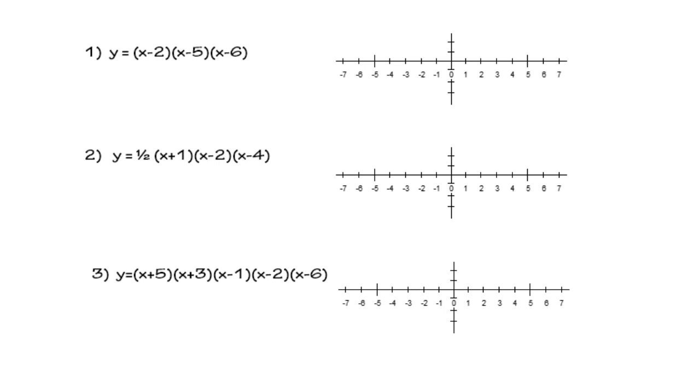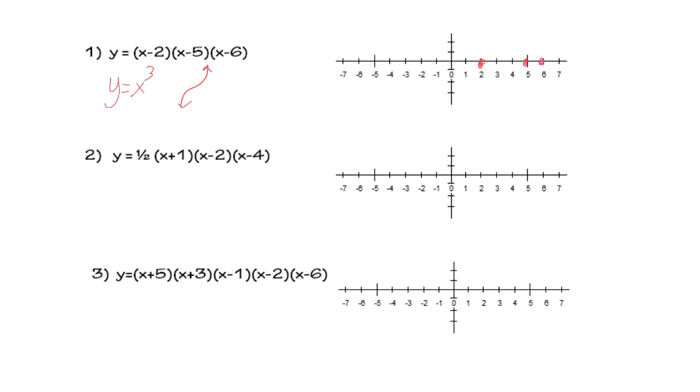Let's try a few more. This next one, you can see that it would end up being a cubic because it's an x times an x times an x. So my end behavior is going to look like y equals x cubed, which in my mind means it's going to start low and end high. But it has 3 different 0 values. I'm going to have a 0 at 2 and at 5 and at 6.